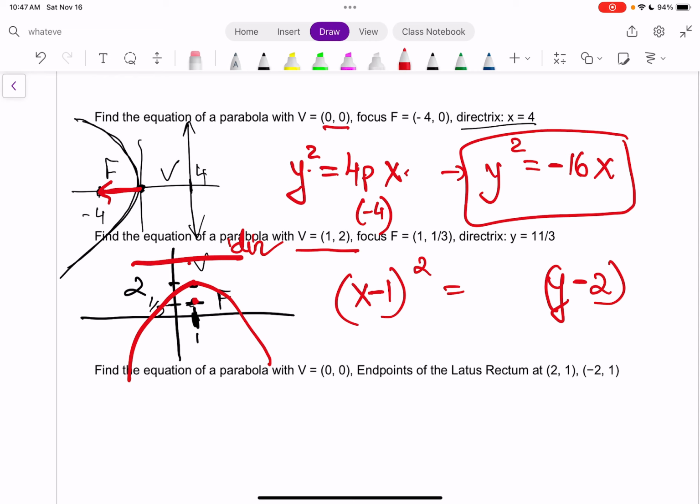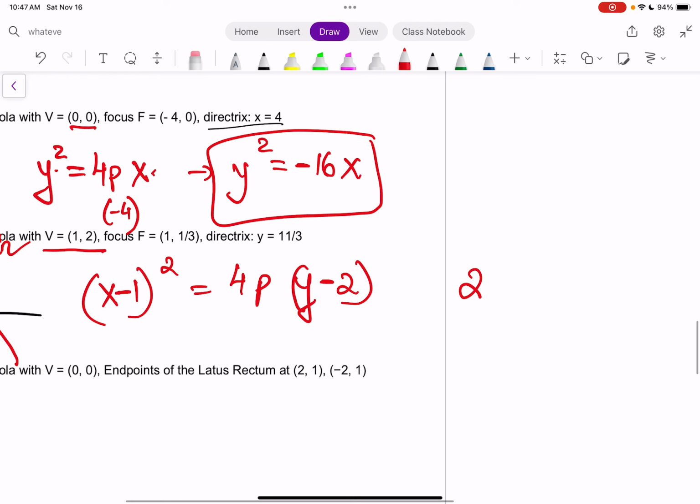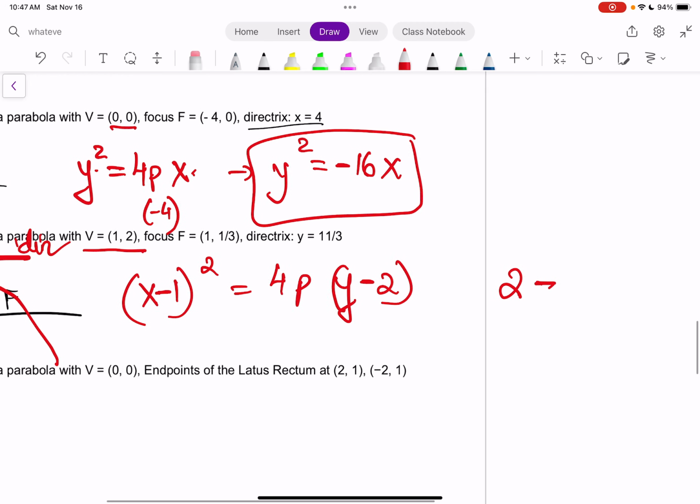Okay. And then same thing here in front, we need that 4 times p. P is how much we have to travel from V to F. So let's see, I had to go from 2 down to 1/3.